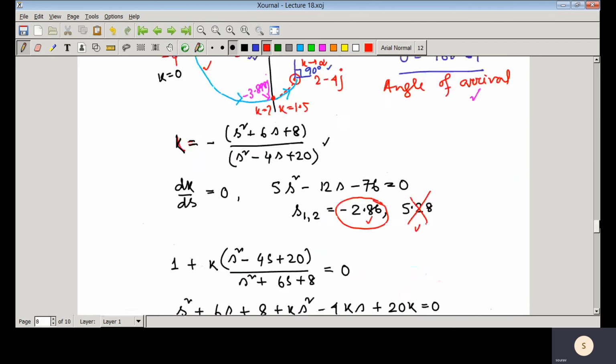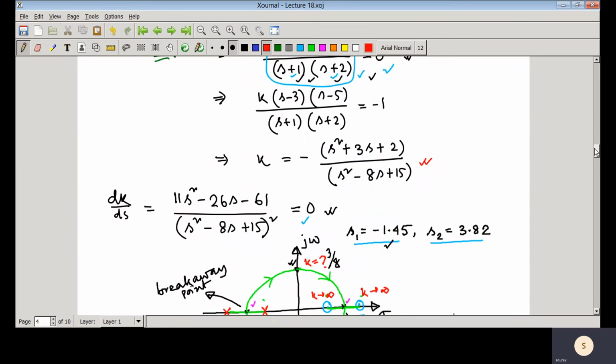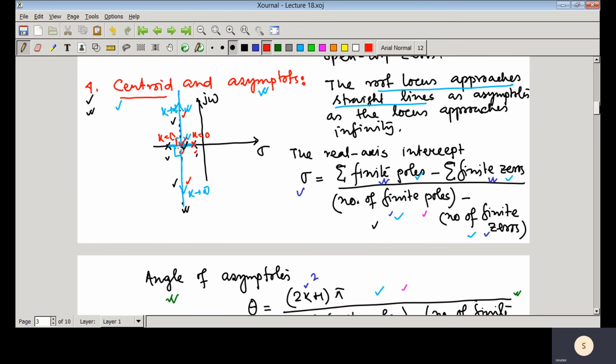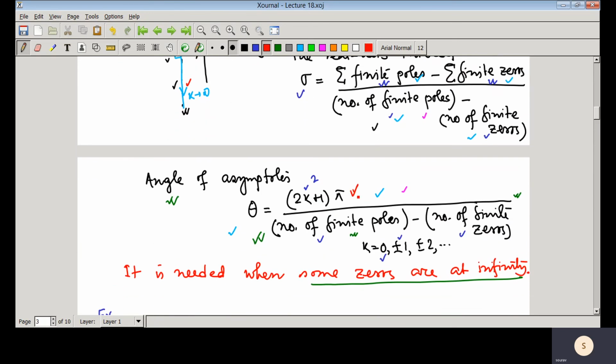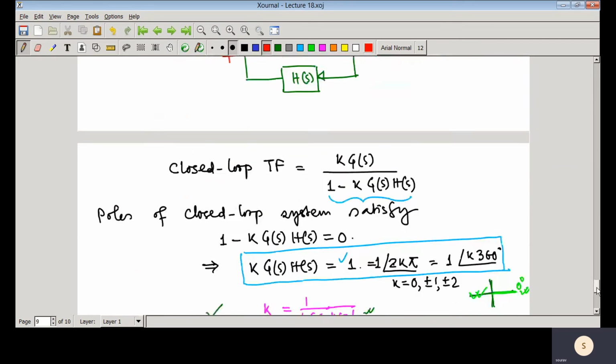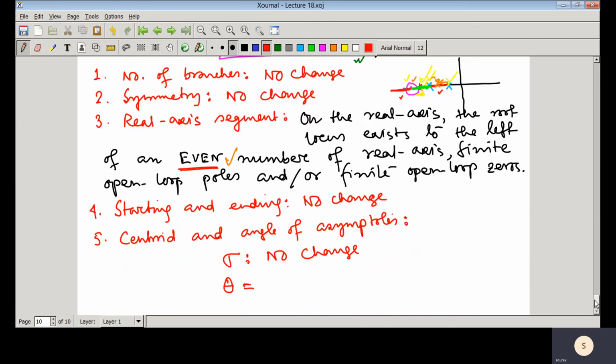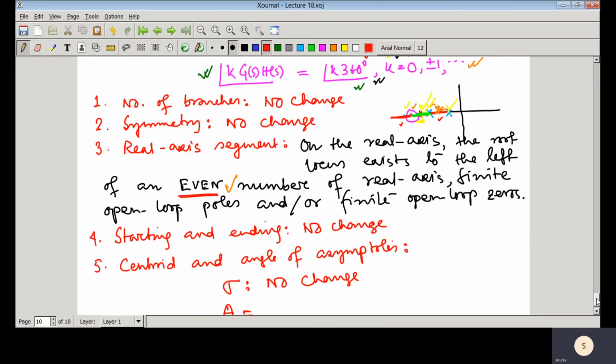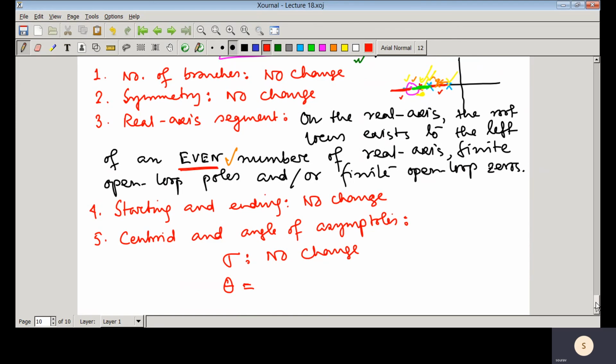As you can see, in case of negative feedback, whenever we calculated the angle of asymptotes, it was 2k plus 1 pi. And obviously here that angle would not be 2k plus 1 pi. So it would be 360 into k. So the angle would be 2 pi k.